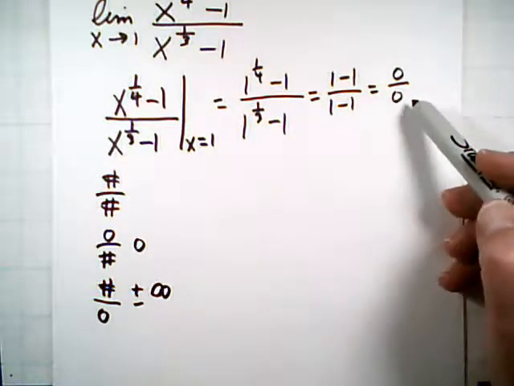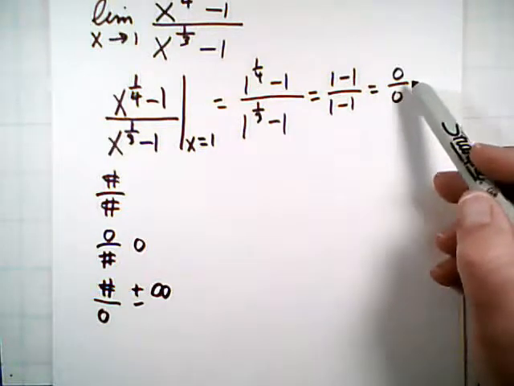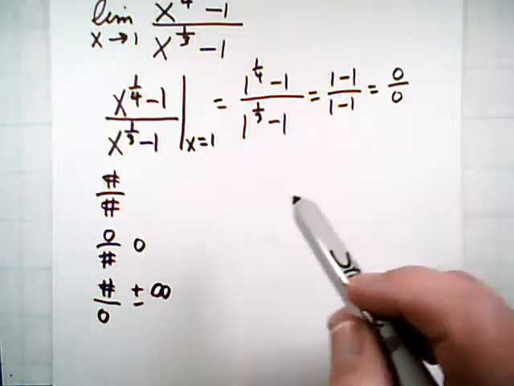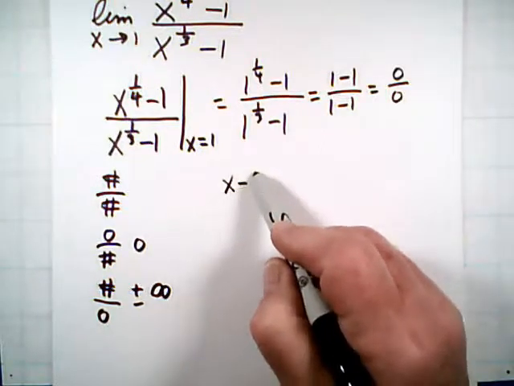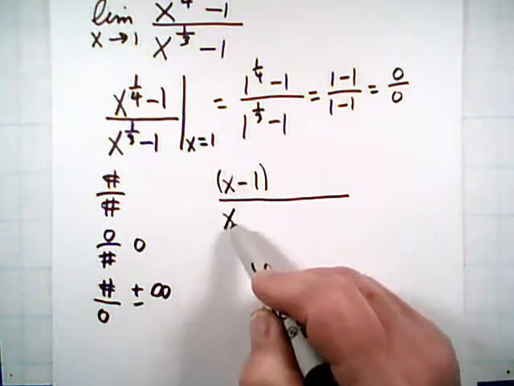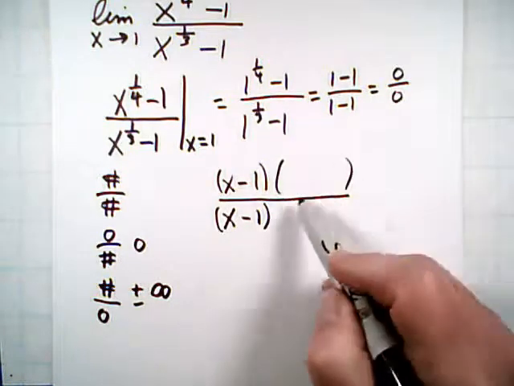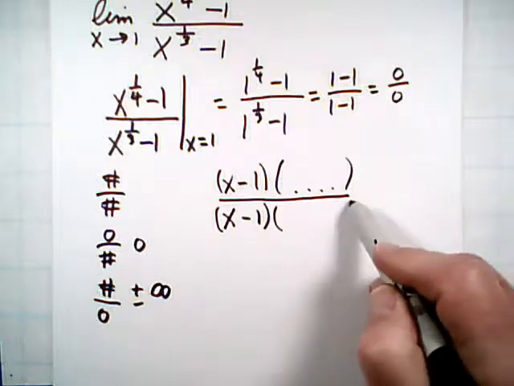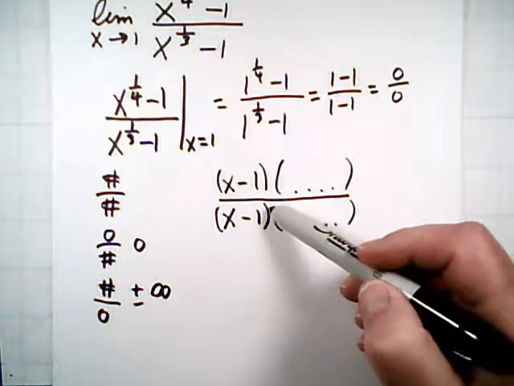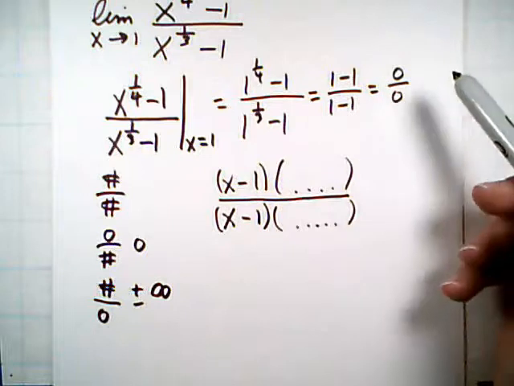Now, what does it mean when you get 0 over 0? What it means is that you must have a factor in both the numerator and denominator that is causing that. And in this case, that factor must be x minus 1. So in both the numerator and denominator, we're going to find x minus 1 with some remaining expression. It is possible, of course, to have x minus 1 to some power other than 1 in the denominator and also in the numerator.